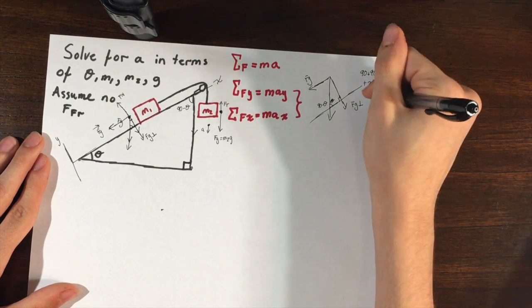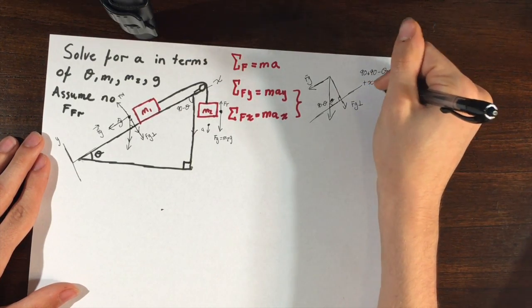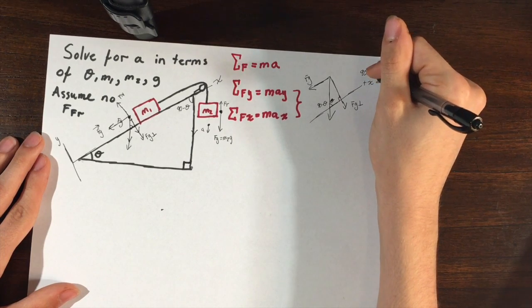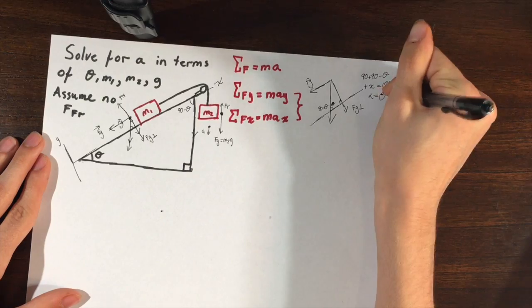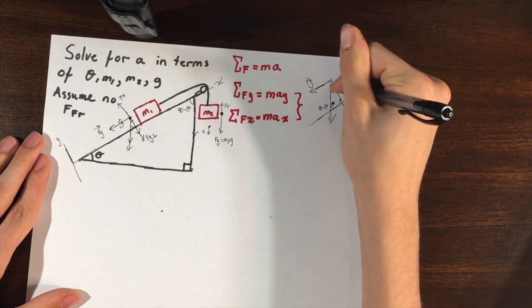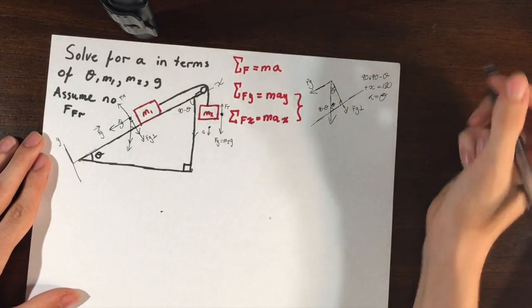So that means 180 minus theta plus x equals 180. Subtract 180 over, so you get x is equal to theta. So we know that this angle up here is equal to theta.